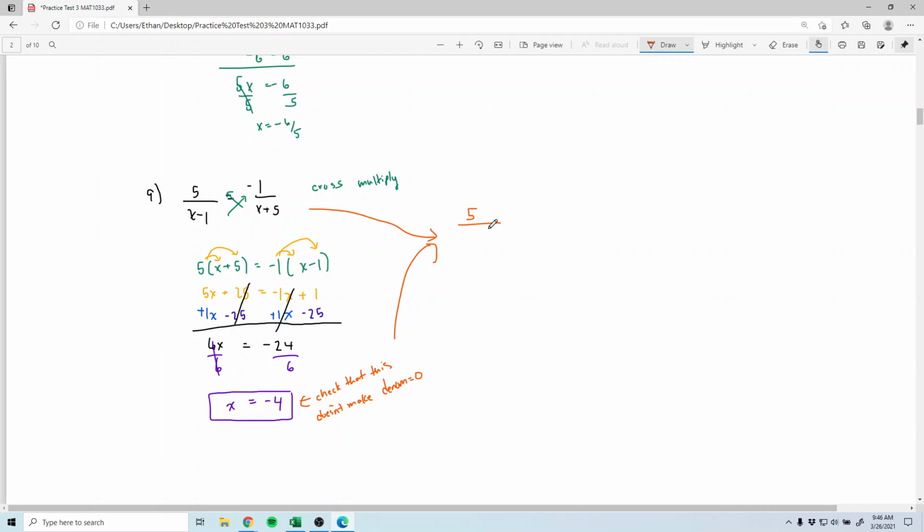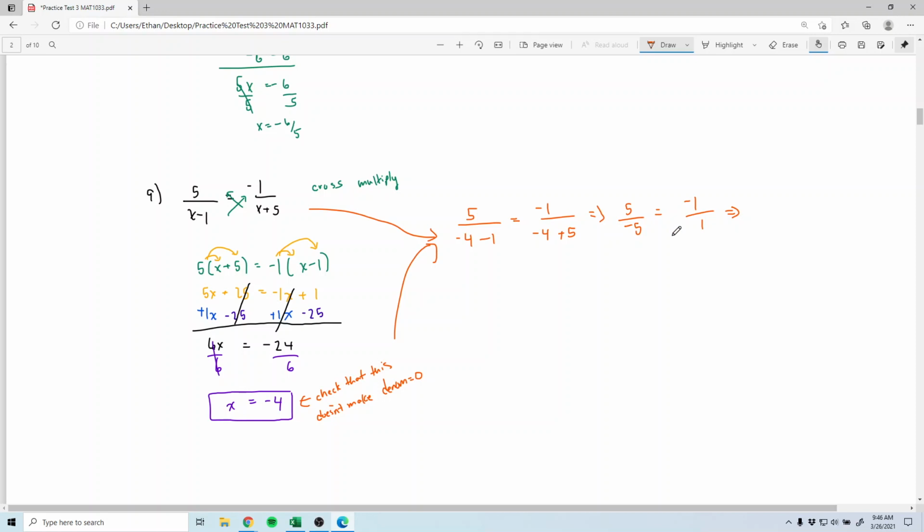So we got 5 over negative 4 minus 1 equals negative 1 over negative 4 plus 5. Make sure this works here. On the left side here, we've got 5 over negative 4 minus 1 is negative 5. And negative 1 over negative 4 plus 5 is 1.